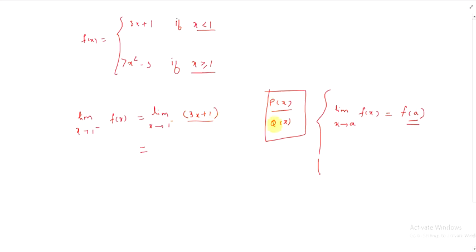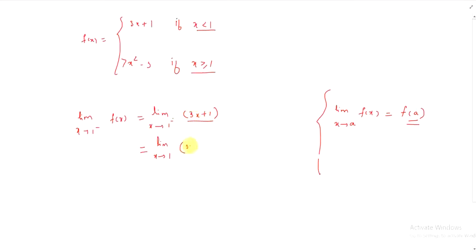Since there is no numerator and denominator, there is no question about what the value of the denominator will be. We will see later what its meaning and condition are. Since it is a linear function, we can directly apply the value, but before that we have to write the function in this way. This negative sign is only mentioned to show that the limit is a left hand side limit. There is no role of the negative sign in the function at all.